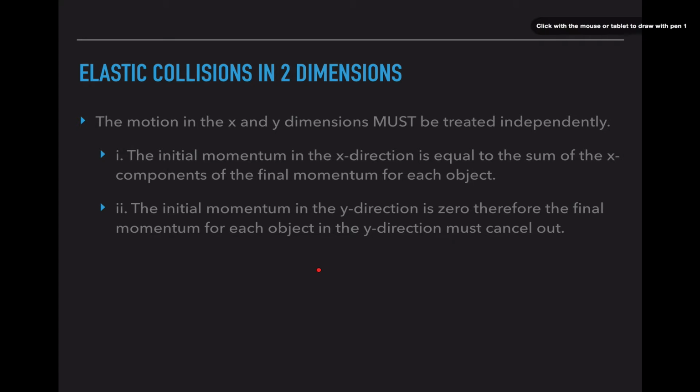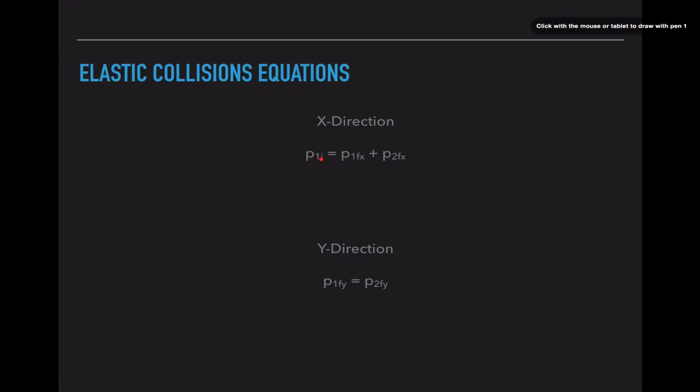So we're going to use some equations to get us there. In the x direction, we have the initial momentum of the first object equals the final momentum in the x direction of the first and second objects added up. Now, I don't ever tell you momentum, but I do tell you mass and velocity. So we're going to take m1 vi1, and then we have the final momentum, but the x direction only.